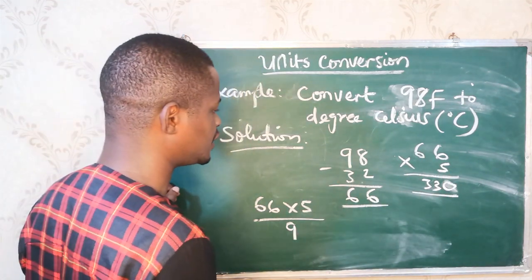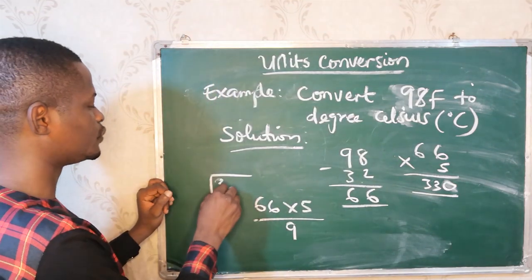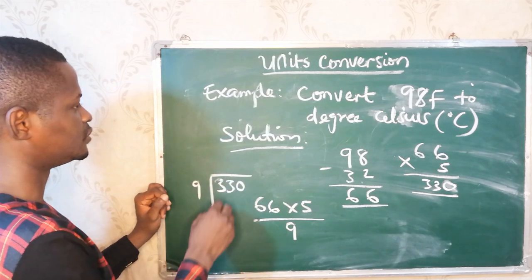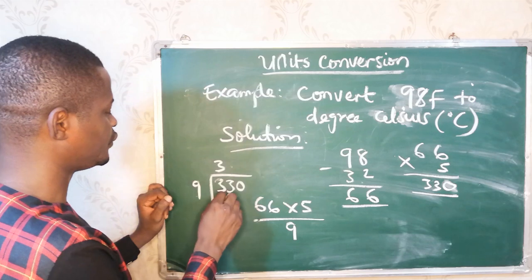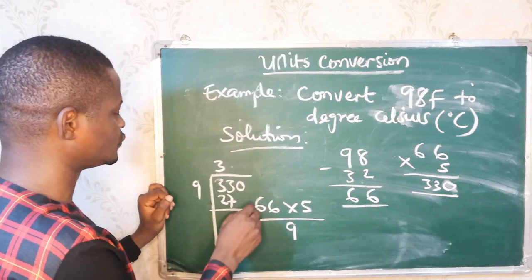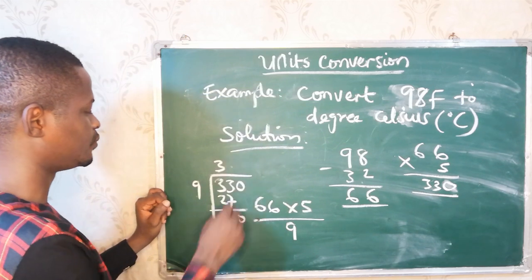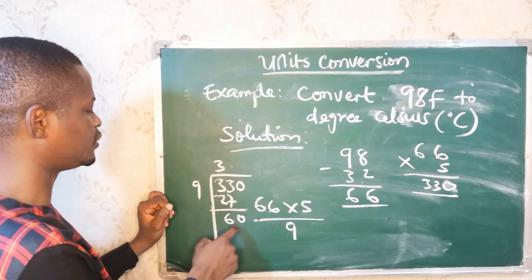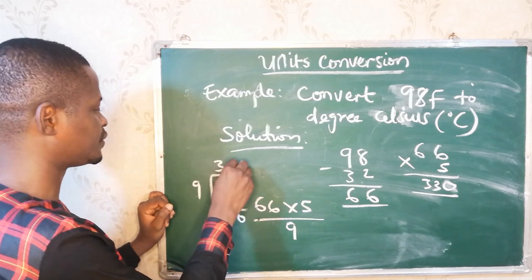Alright, now let's divide that by 9. So 330 divided by 9, that will give you 3 times. And 3 times 9 will give you 27. 33 minus 27 will give you 6. Bring down 0. 9 into 6 cannot, so 9 into 60 will go 6 times.